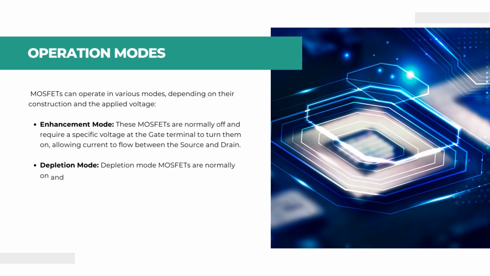These MOSFETs are normally off and require a specific voltage at the gate terminal to turn them on, allowing the current to flow between the source and drain. The depletion mode MOSFETs are normally on and they require a voltage at the gate terminal to turn them off, thereby blocking the flow of current.